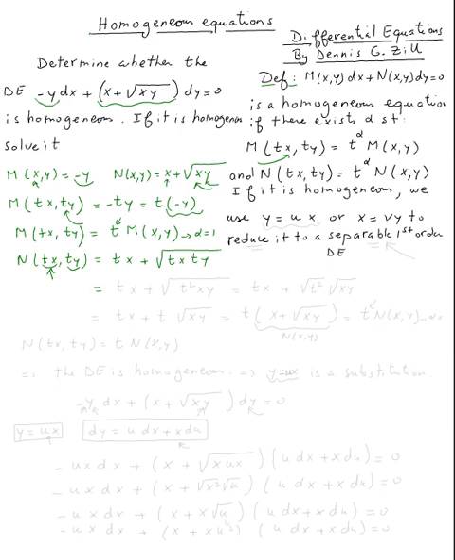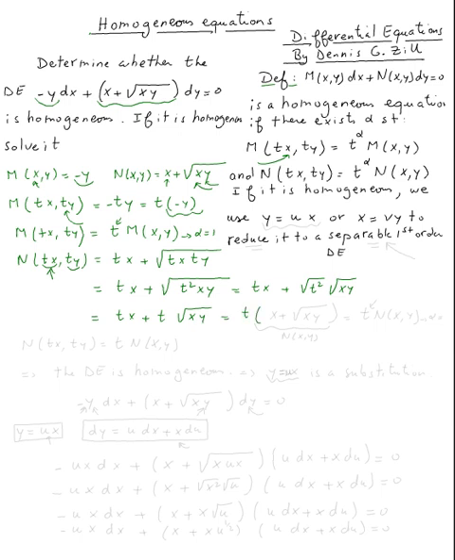Now all we need is some algebra. t times t is t squared xy. Using algebra, this is the same thing as square root of t squared times square root of xy, which is equal to tx plus square root of t squared, which is just t, times square root of xy.